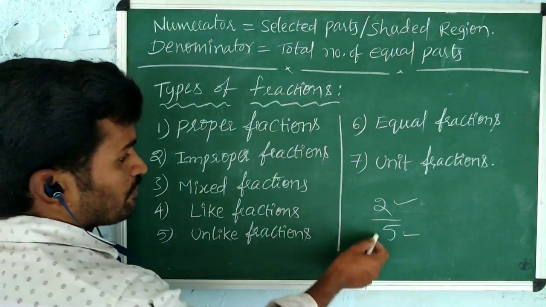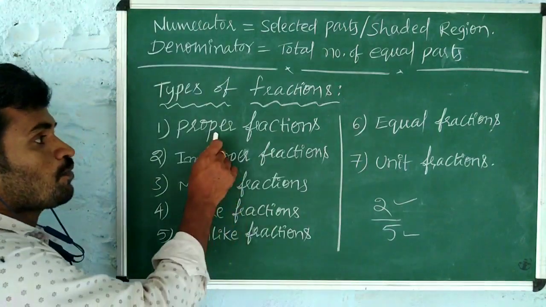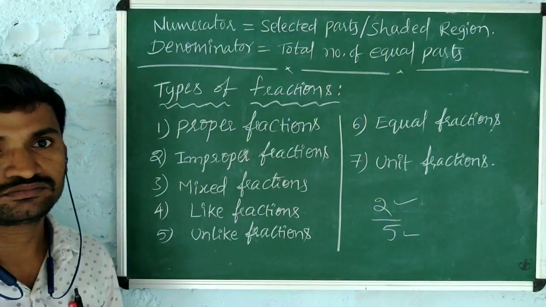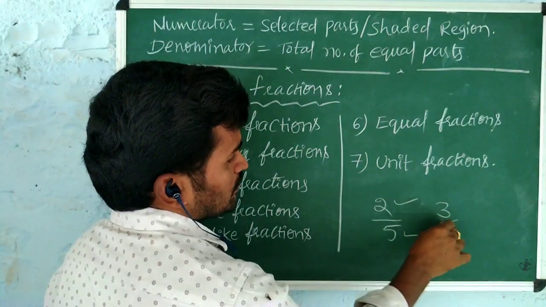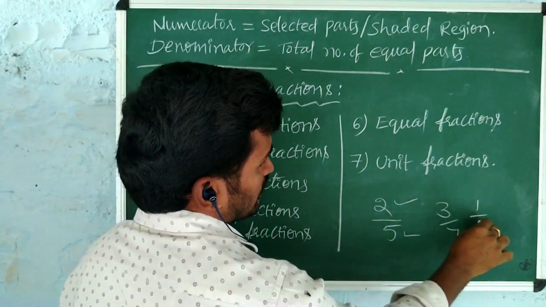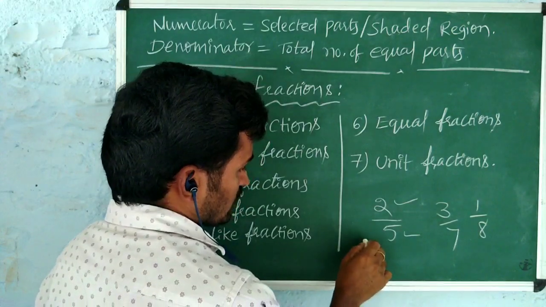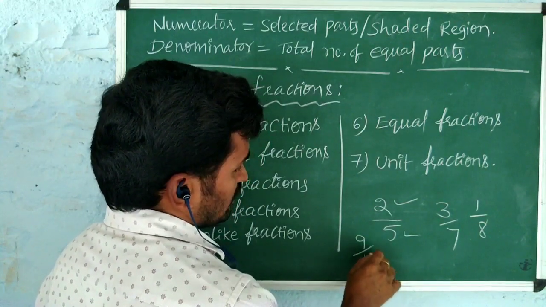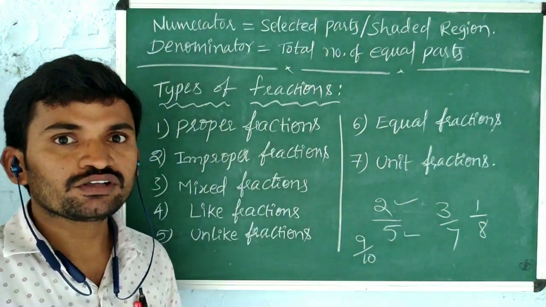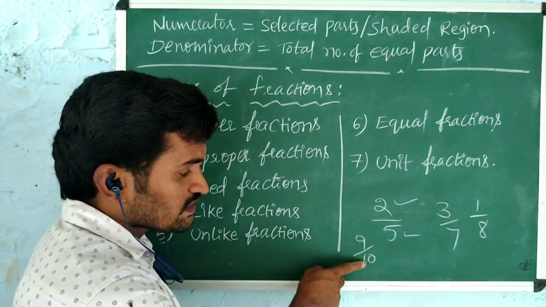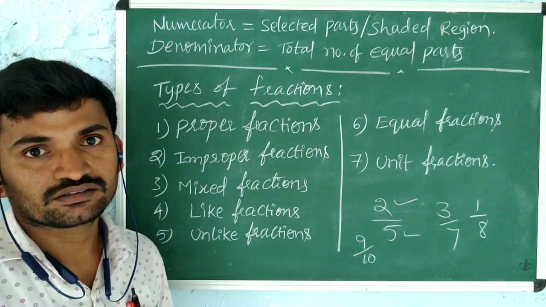So this type of fractions are called proper fractions. Okay, so many examples are there. If you see 3 by 7, 1 by 8, next 9 by 10. So these are the proper fractions. Why? Because numerator is less than the denominator.